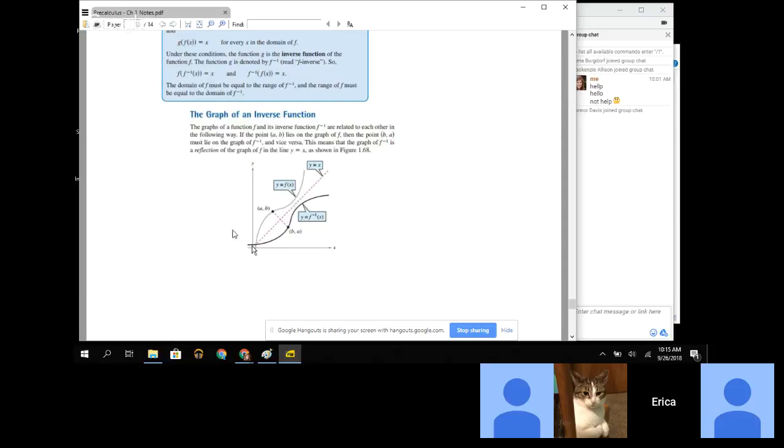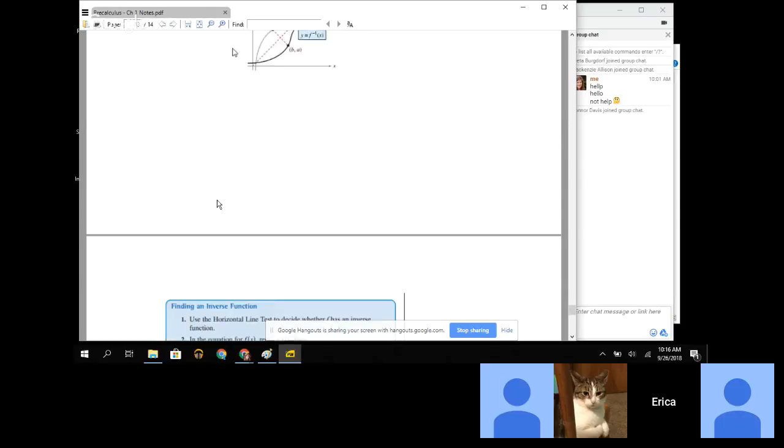Basically, if you have f of x, which is this lighter color one here, and you have the inverse of f of x, then they mirror each other and reflect across y equals x when you graph them. That's the point which makes them symmetrical, across y equals x. And we'll practice that.